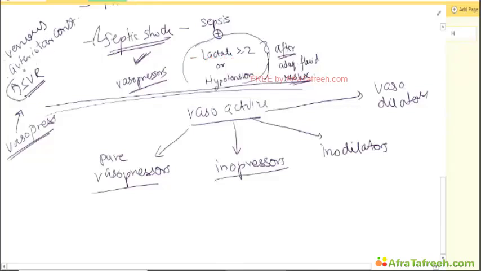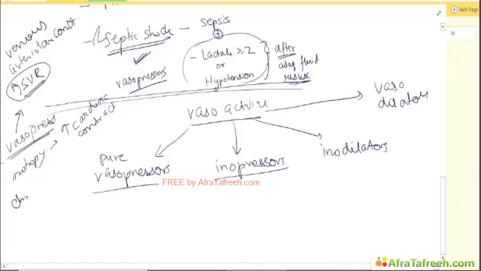You increase the systemic vascular resistance. Inotropy means increased cardiac contractility. Chronotropy means increased heart rate. But for us, important is inotropy and vasopression.